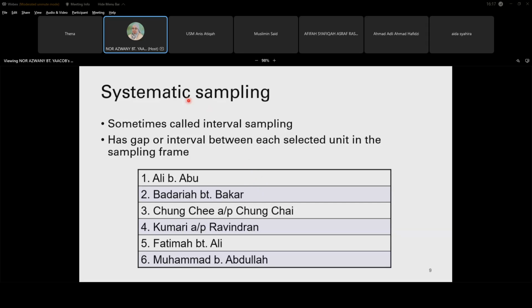When you are talking about systematic sampling, you have to tell that there is a gap or interval, and whether it's 1, 2, 3. If it's 2, then you take this one, you skip 2, then you take this one. So you have to explain well if it is an essay question.